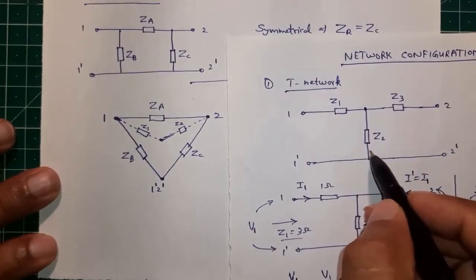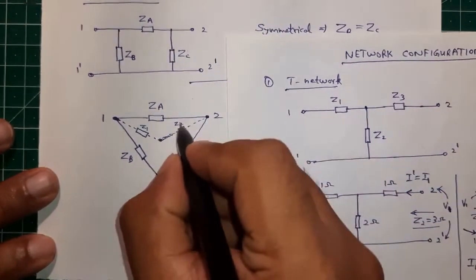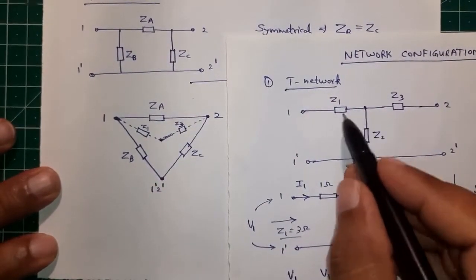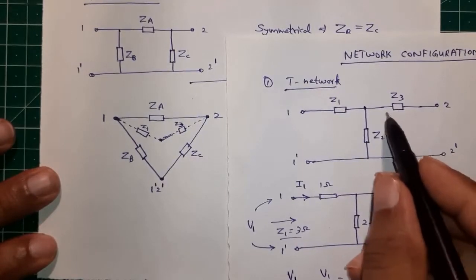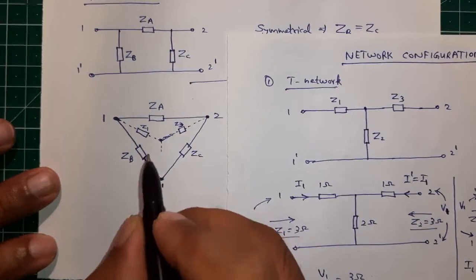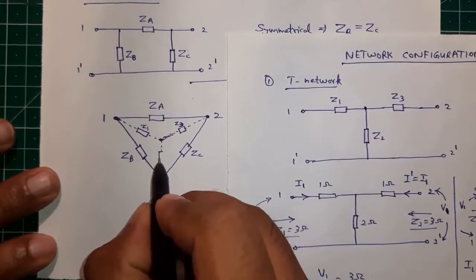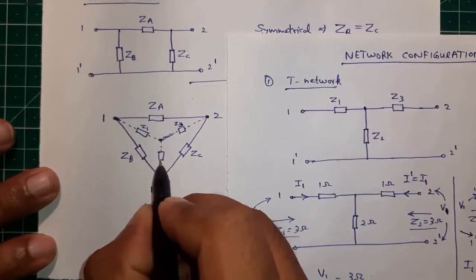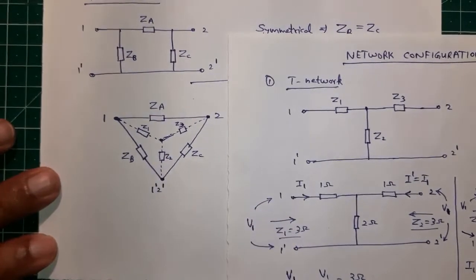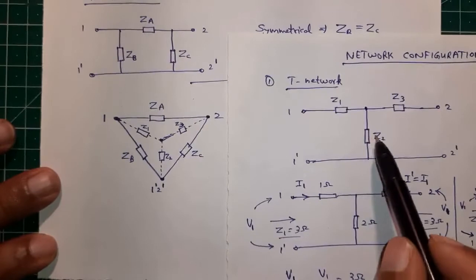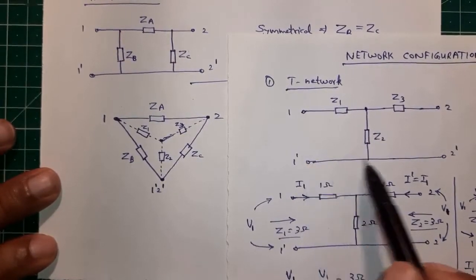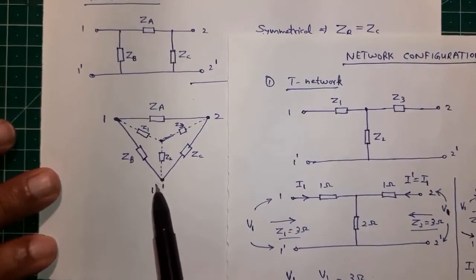From there this is Z3. From the junction point of Z1 and Z3 we have Z2 starting. And where is Z2 going? It is going to the common terminal 1 dash and 2 dash as shown here.